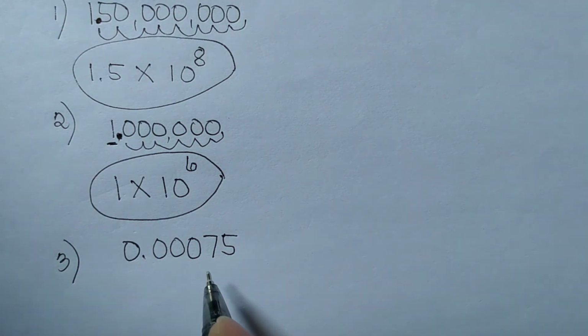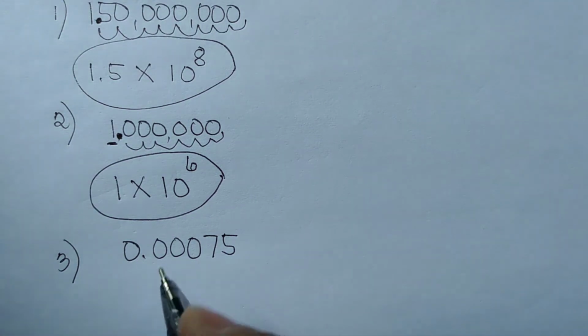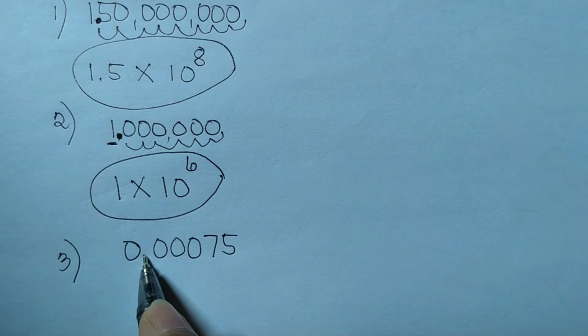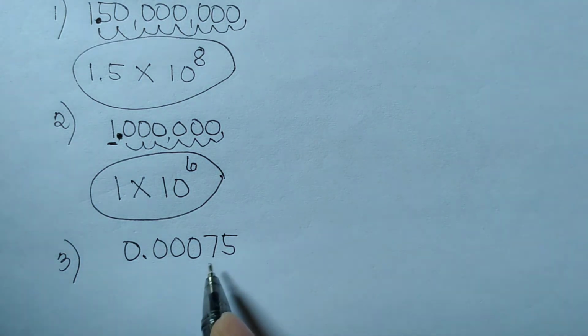Since this is a decimal, it is hundred thousandths. So changing this very small number into scientific notation, we have to count and move our decimal point to the right.